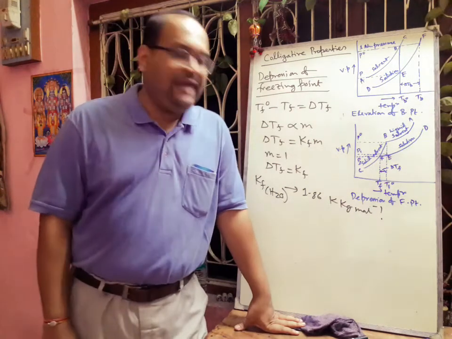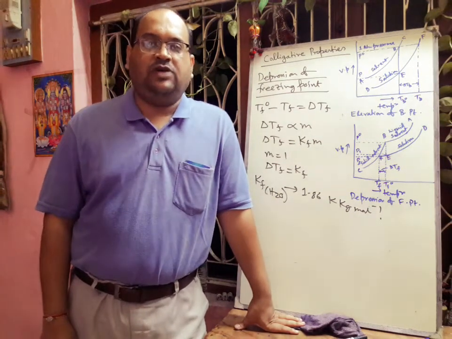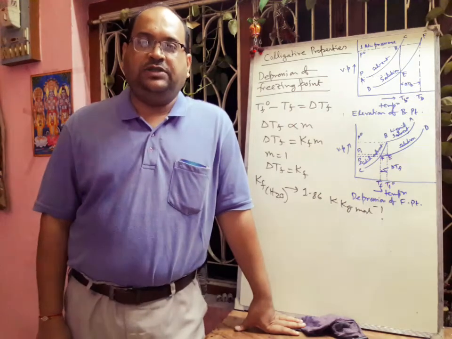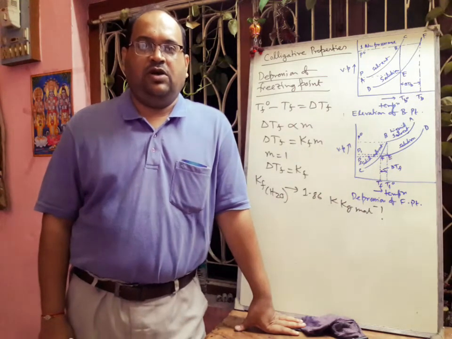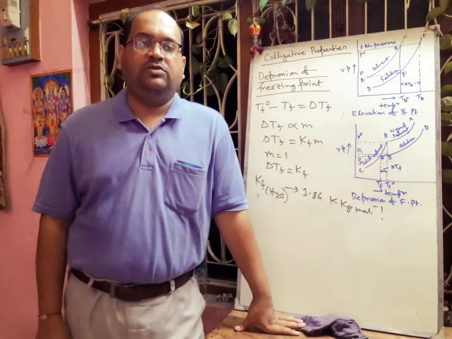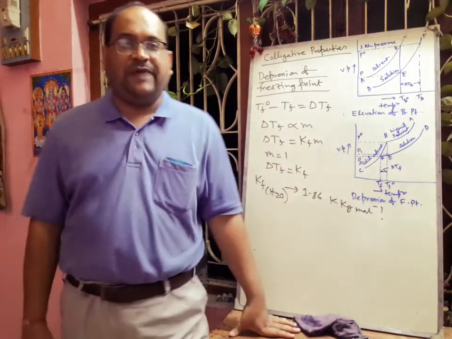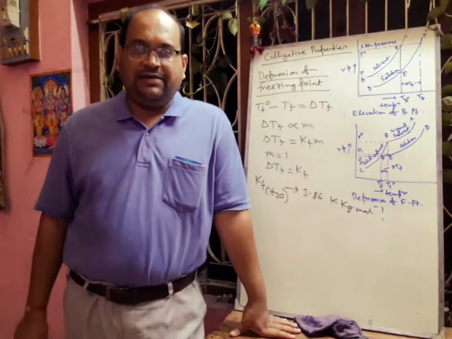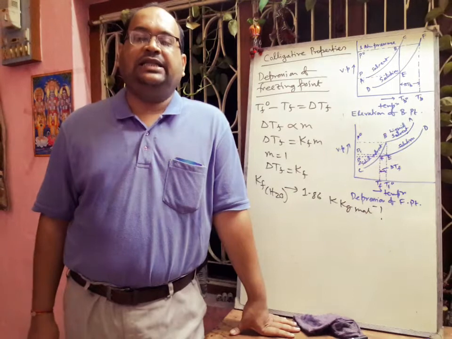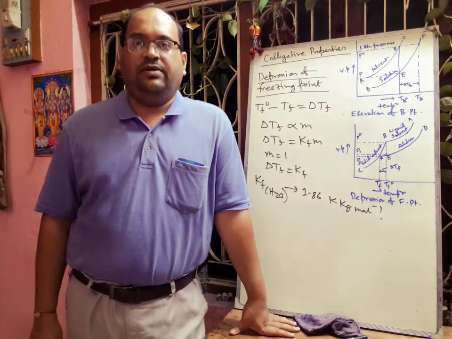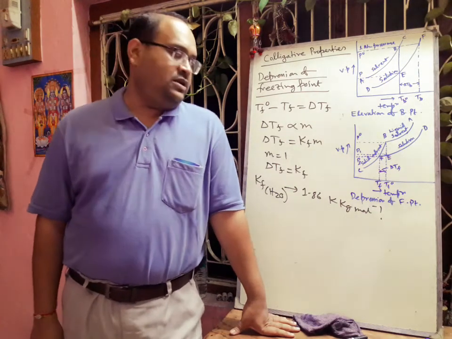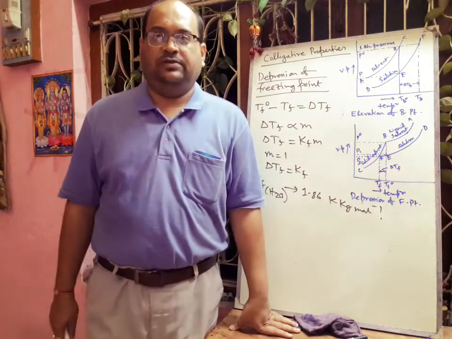The value of Kf differs from solvent to solvent and depends upon TF0 square and latent heat of fusion. An ordinary thermometer cannot be used to measure this delta TF because this value is very small. An extremely sensitive thermometer like the Beckman thermometer can be used to measure this delta TF value.